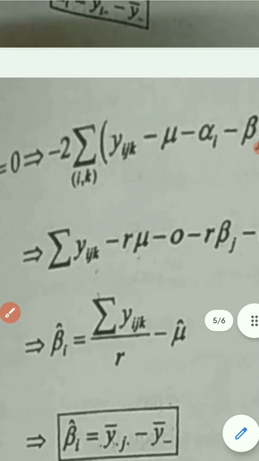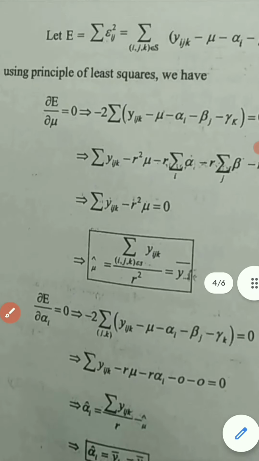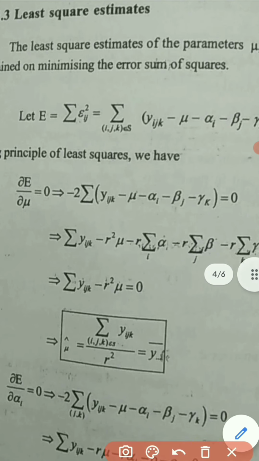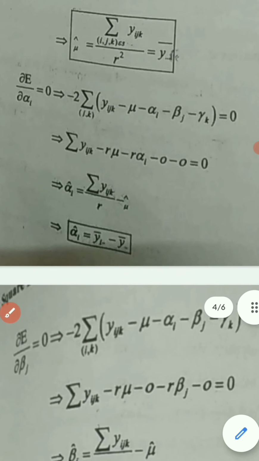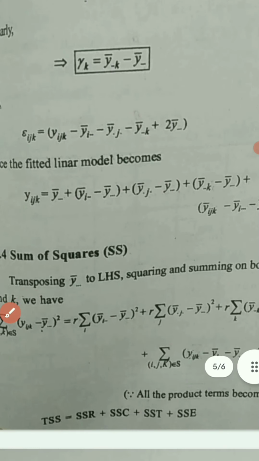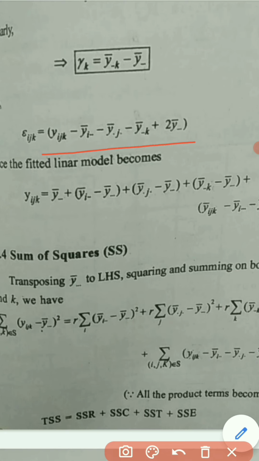I am showing it here. What is the formula for epsilon ijk? Epsilon ijk is this one, right? We will write this answer with this, whatever values we got for all this, we will write there. So we will get this answer here, epsilon ijk, with these values.